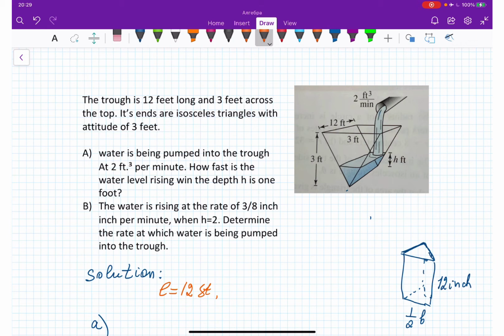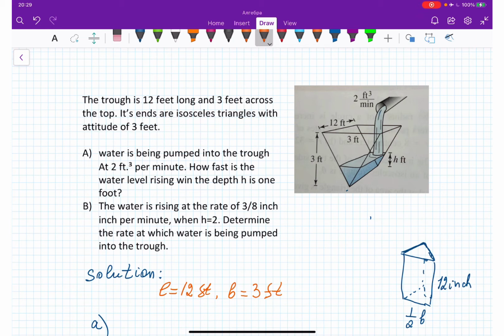So three feet. Its ends are isosceles triangles with altitude of 3 feet.